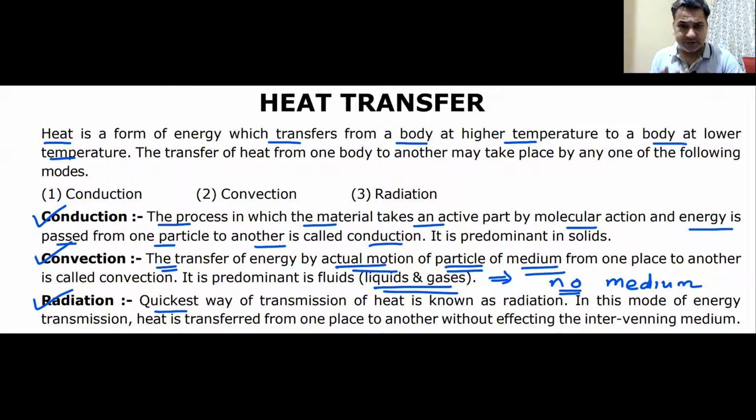So, we have seen the basic definition of heat transfer, and I hope you have noted it down. Now is the time to make this table, and every point in this table is telling you the subtle differences between conduction, convection, and radiation. It is all that you need to know about the theoretical aspect of conduction, convection, and radiation.